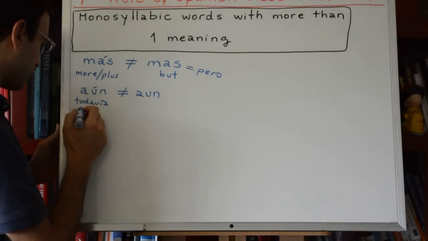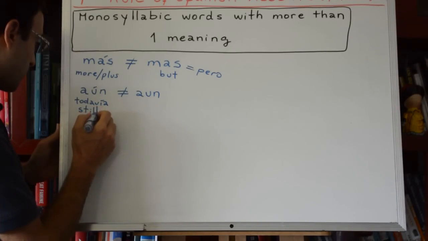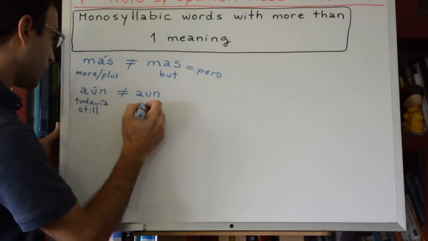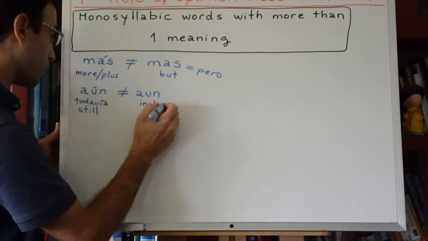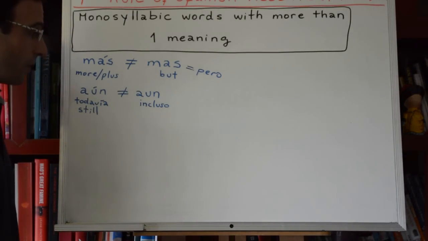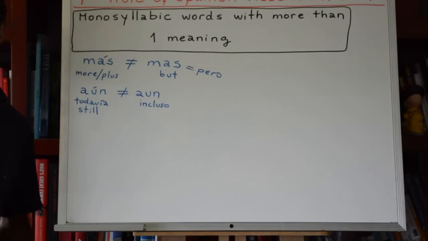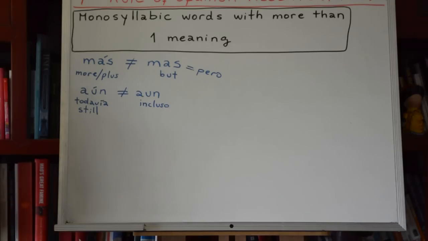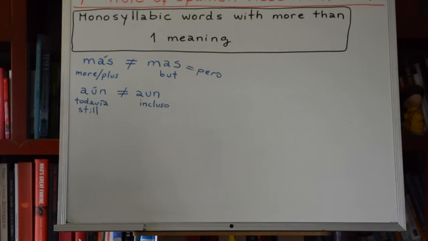While aun without the tilde means incluso or inclusive, it's like saying included, right?